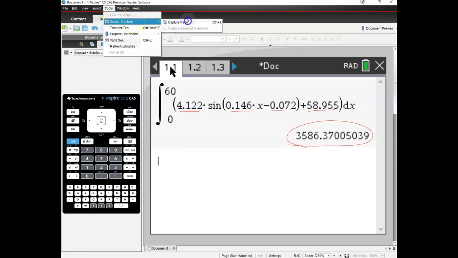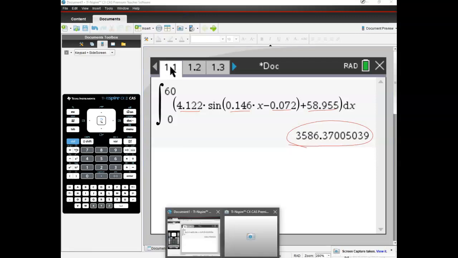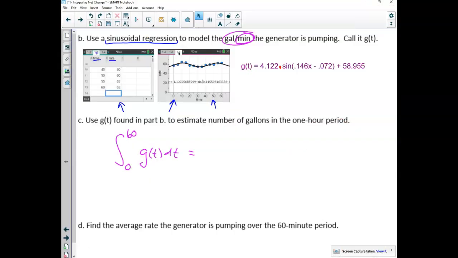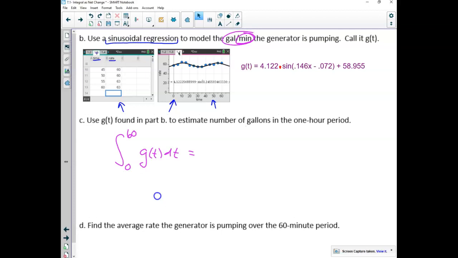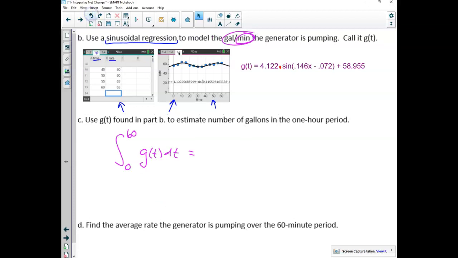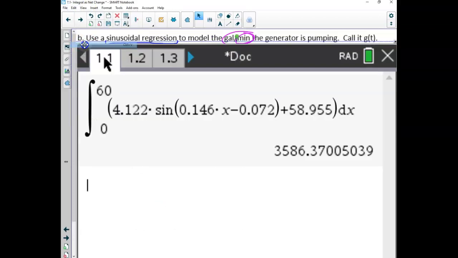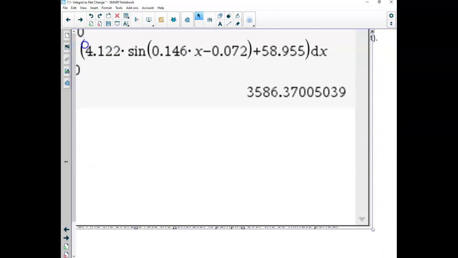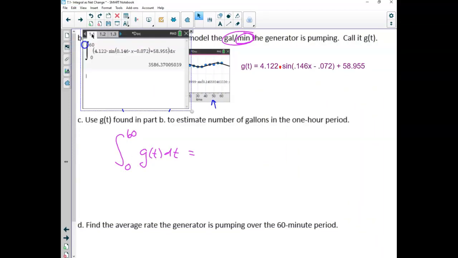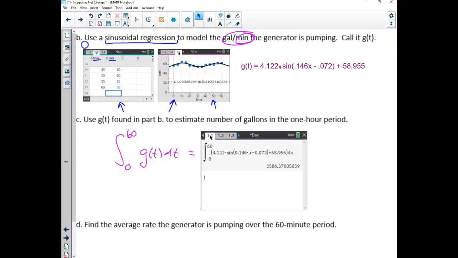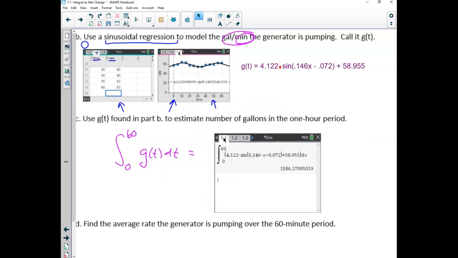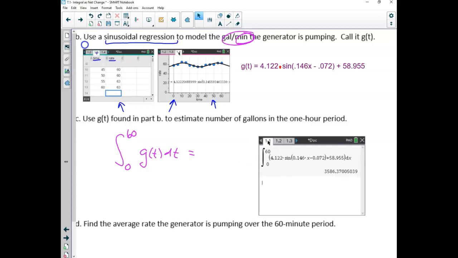So I'm going to go back and edit, paste this in, and say that integral equals what I said right there, okay?